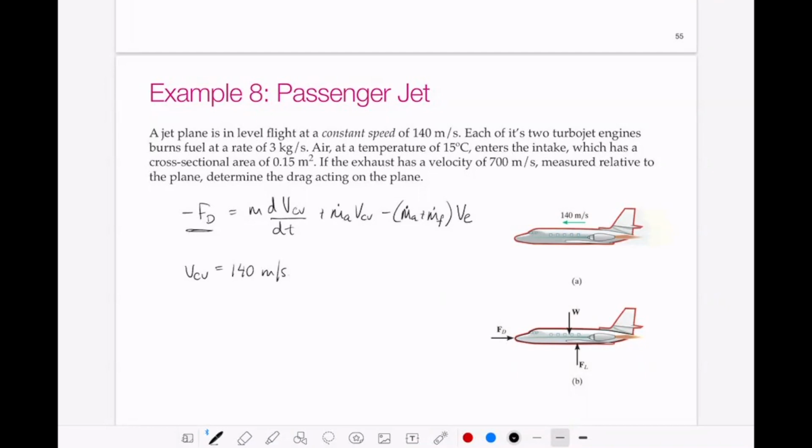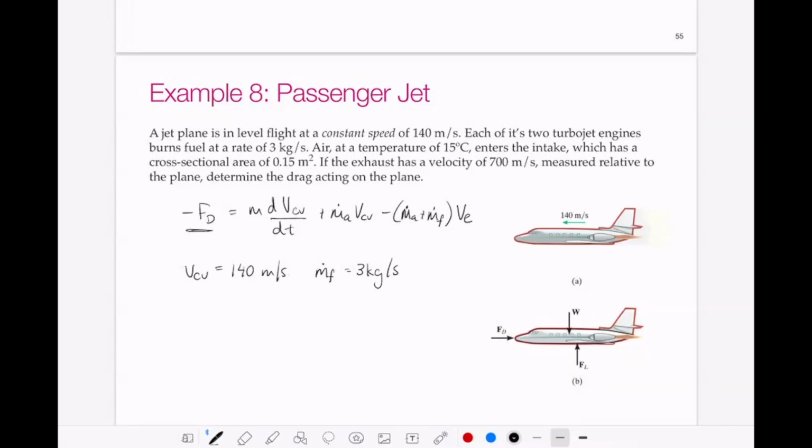Each of its two turbojet engines burns fuel at a rate of 3 kilograms per second. So our mass fuel rate consumption is 3 kilograms per second. That's the mass flow rate of our fuel.